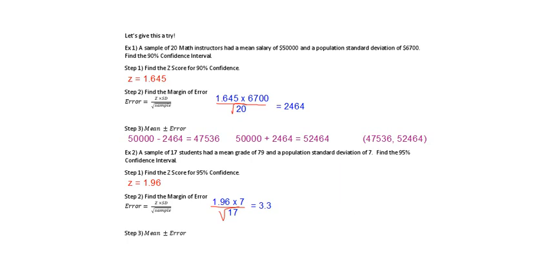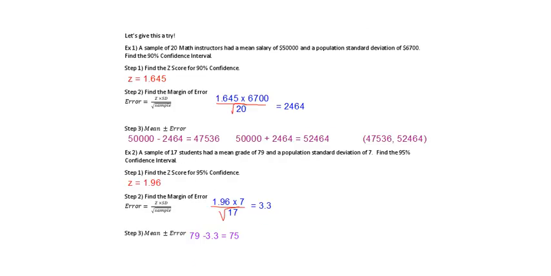All right, now finally, we're going to do mean minus the error and mean plus the error. So we're going to do 79 minus 3.3, which is equal to 75.7. And then 79 plus 3.3 is 82.3.